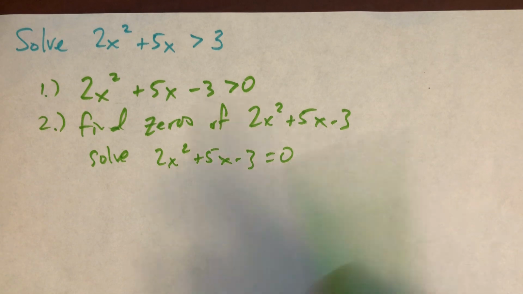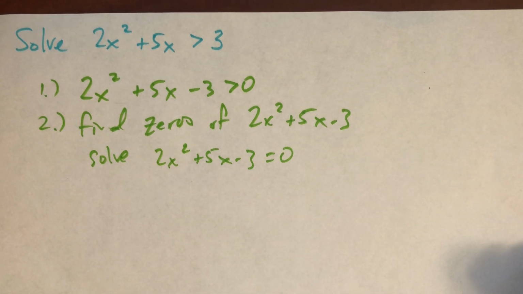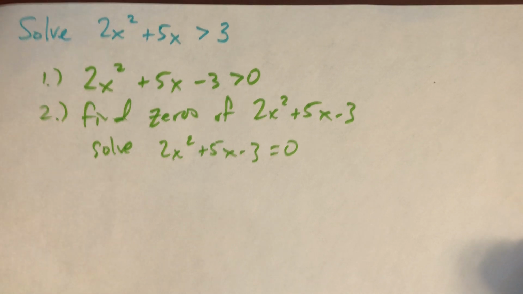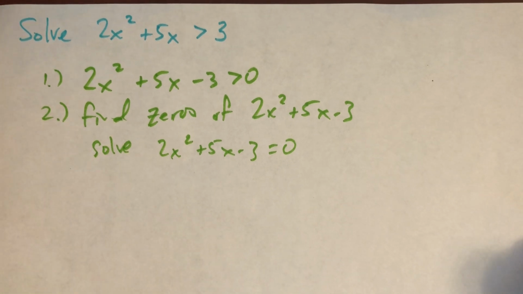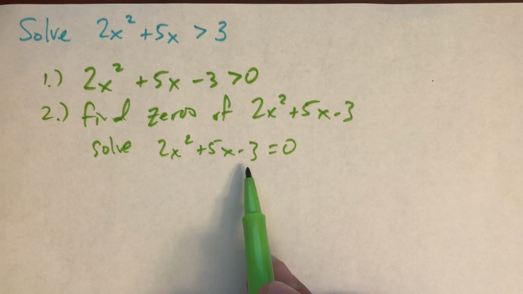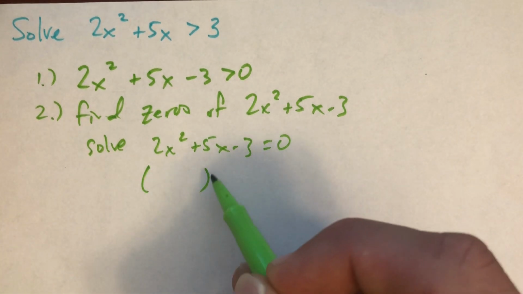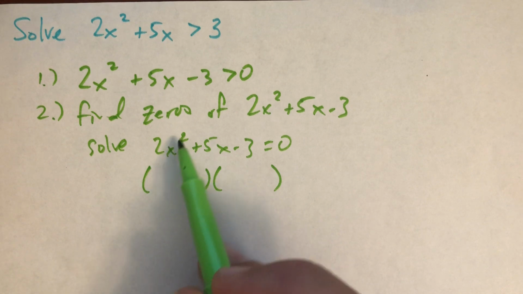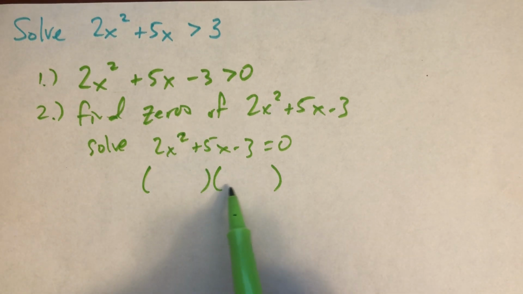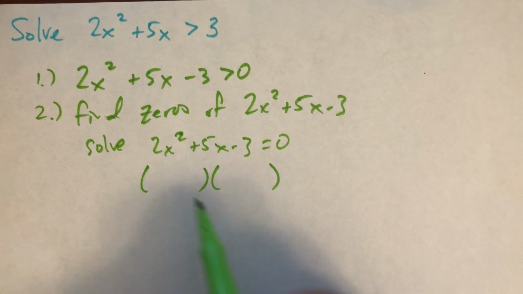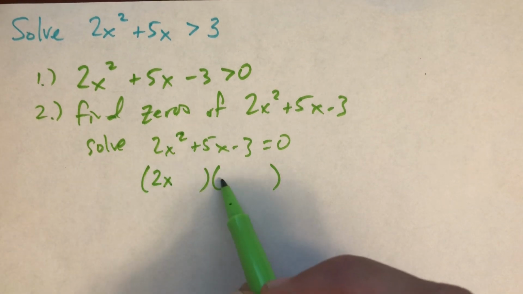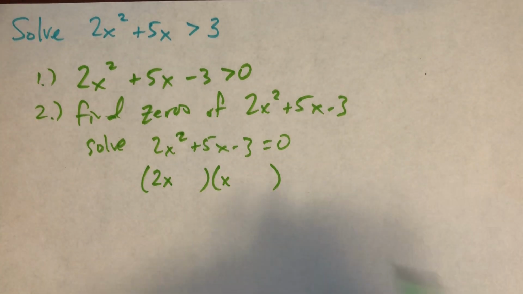We can do this in a couple of different ways. If we really want to, we can use the quadratic formula, but it's really likely that factoring is going to be much, much easier for us, so we ought to try that. Whatever is in the first spaces has to multiply to be 2x squared, so one of them has to be 2x and the other has to be x, because those are the only options.